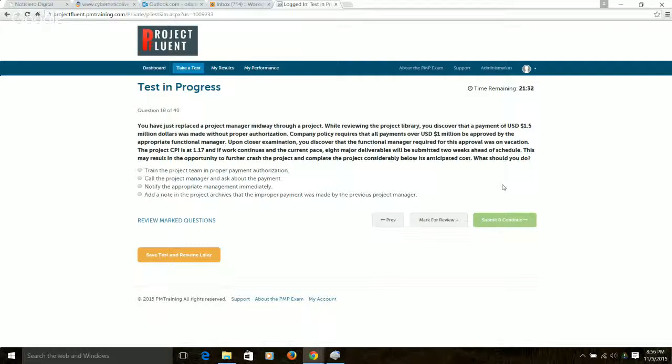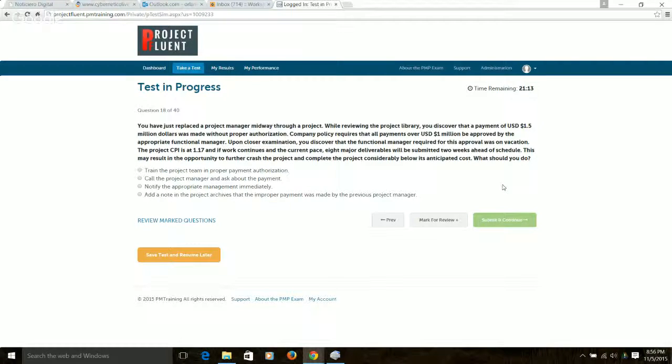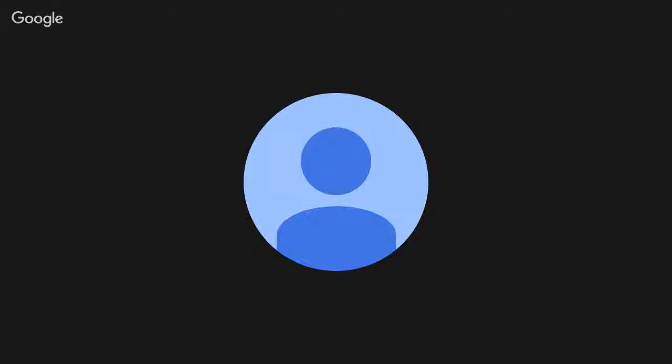What should you do? Option A, train the project team in proper payment authorization. Option B, call the project manager and ask about the payment. Option C, notify the appropriate management immediately. Option D, add a note in the project archives that the improper payment was made by the previous project manager.